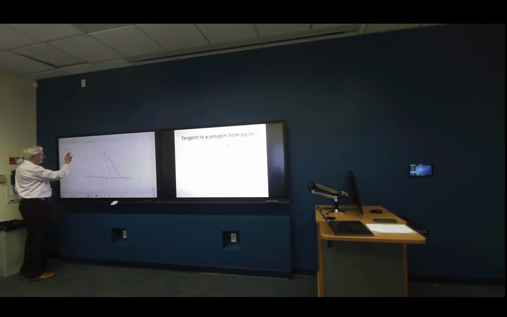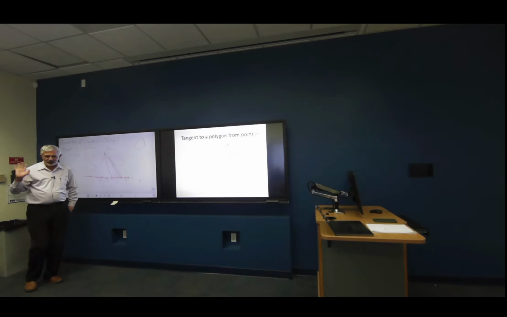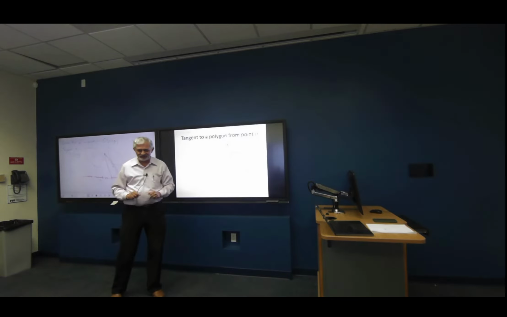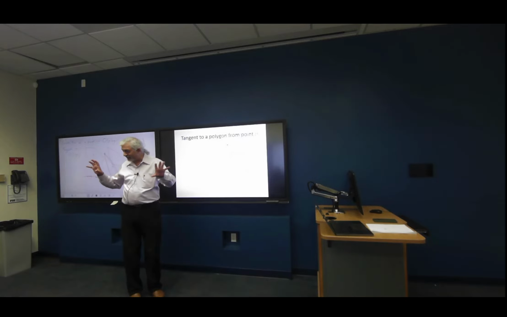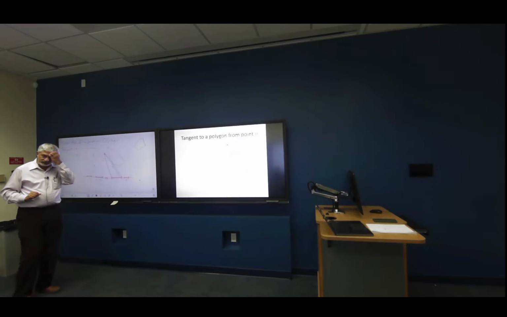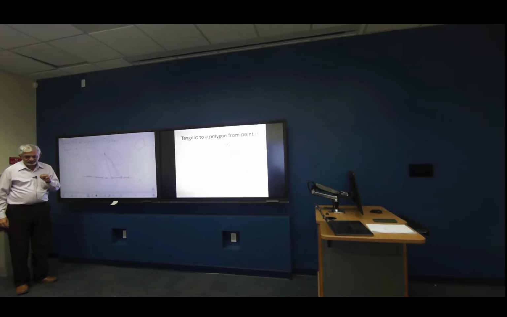I can find one tangent in log n time, and both tangents in log n time, and since I have two polygons, one on the left and one on the right, I will do this 4 times and have four different tangents.